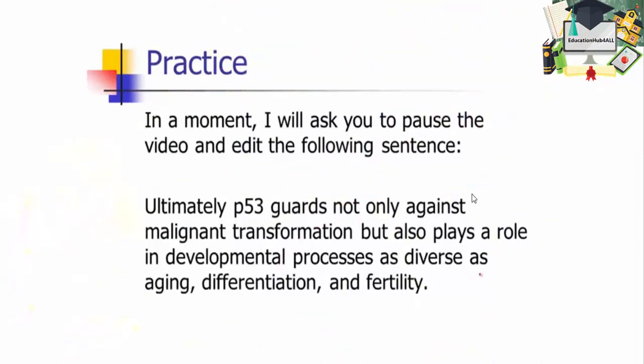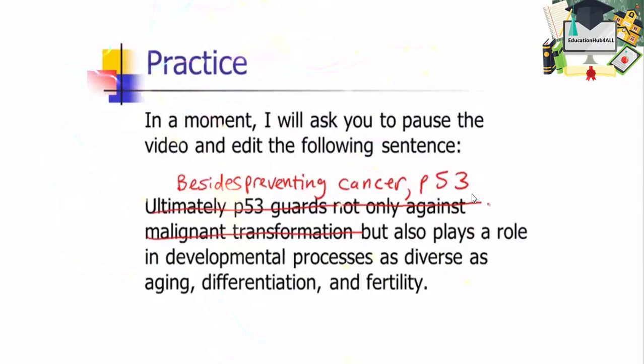So ultimately, P53 guards not only against malignant transformation, how about we say instead of that, malignant transformation is just talking about cancer. So how about besides preventing, guarding against is just a way to say preventing, besides preventing cancer, P53 also plays, I'm going to make this roles because we're talking about more than one role, plays roles in developmental processes as diverse as.